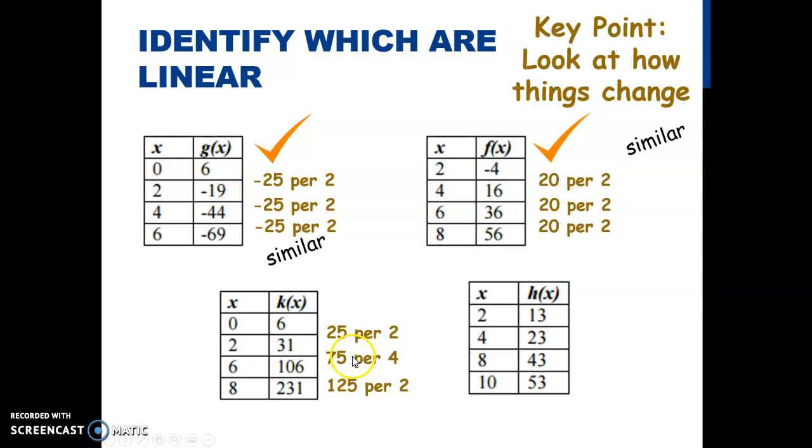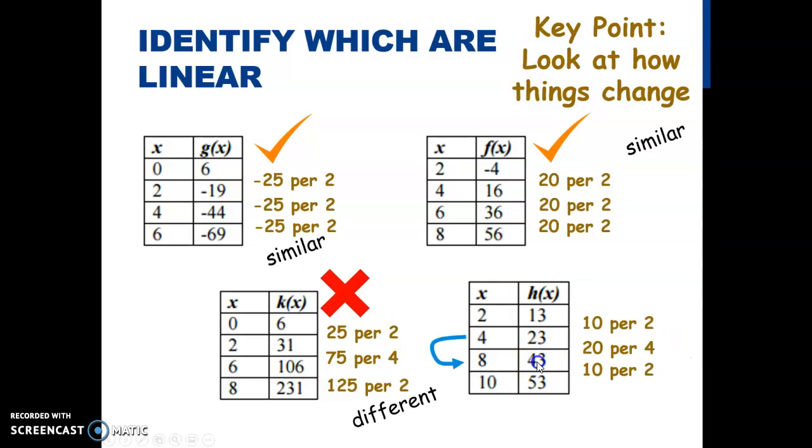That's not so. This is a problem, especially when we go to the third change that we looked at. That's a change of 125 in the y values, with a change of 2 on the x's. That is really different than the beginning one. And so these are different. They're not similar. So this is not a linear situation.